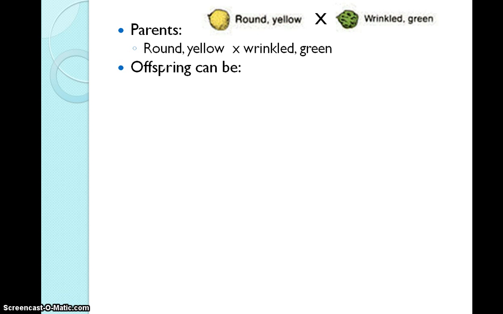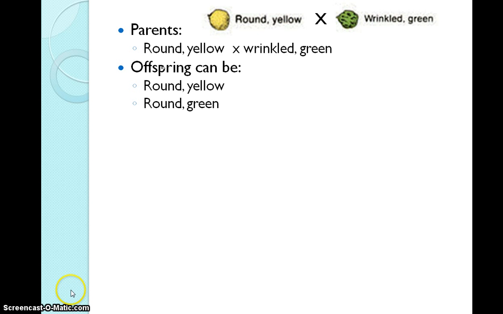When we go to look at the offspring for these traits, remember that the traits are not inherited together. The round is completely independent of the yellow. The wrinkled is completely independent of the green. So that means when we have offspring for these two parents, the offspring can be the same. They could be round and yellow, or they could split up.